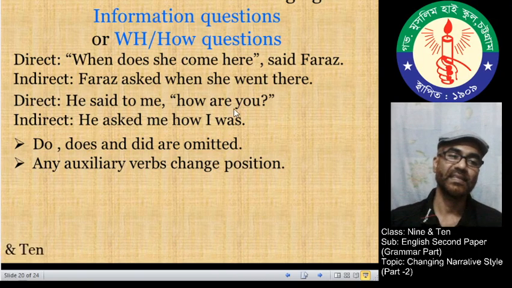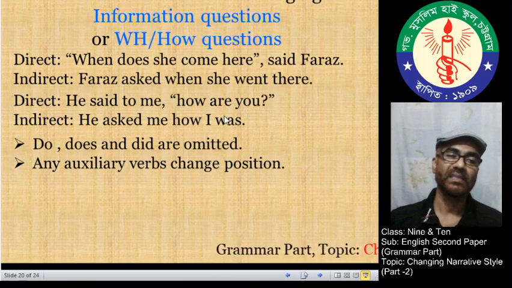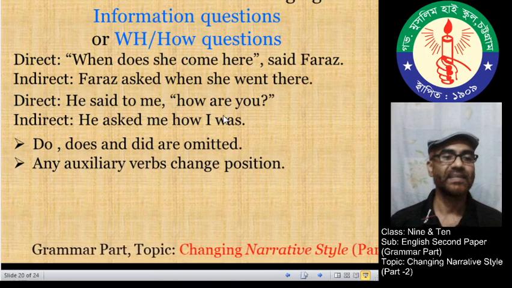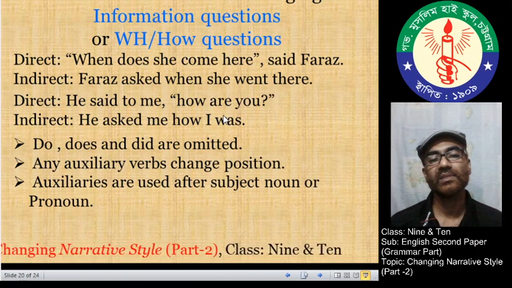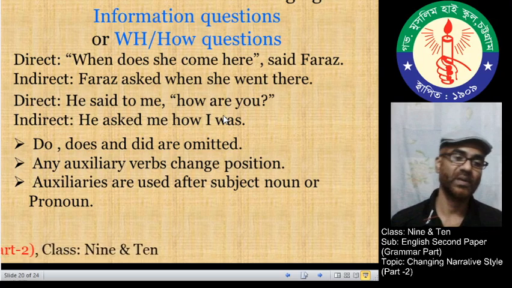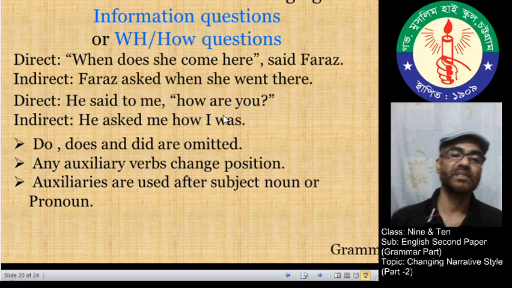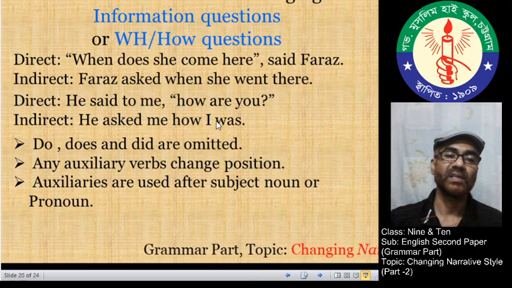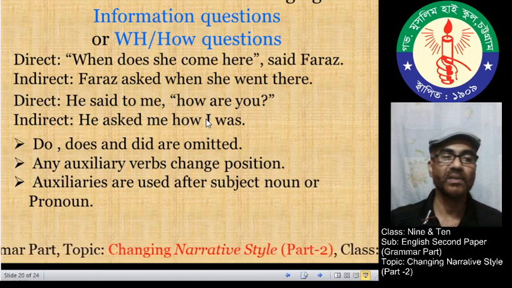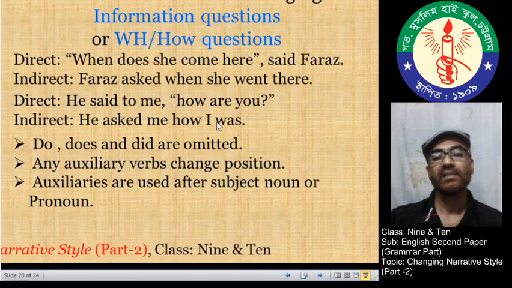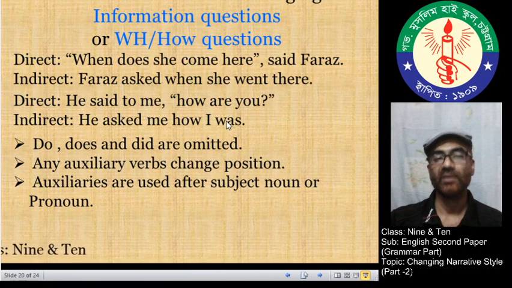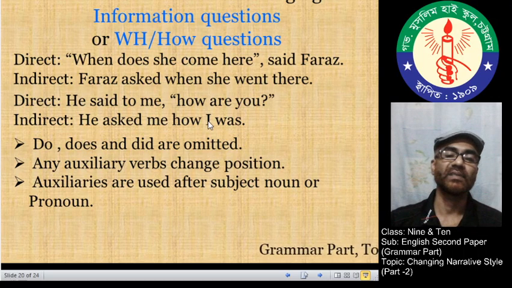Here also we see that the be verb are, was, changed position. Auxiliaries are used after the subject, noun, or pronoun. You see, I was: I is the subject, a pronoun, so the be verb or auxiliary is used after the subject.